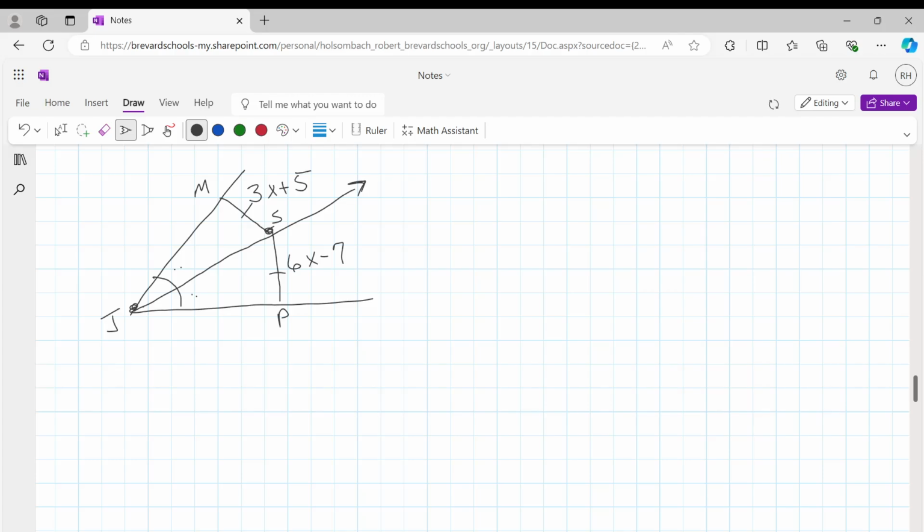Well, they're asking you for SP. So in order to find the distance from S to P, we need to solve for x. So we take 3x plus 5, set it equal to 6x minus 7, and we solve. So subtract 3x from each side. We get a 5 that's equal to 3x minus 7. Add 7 to each side.